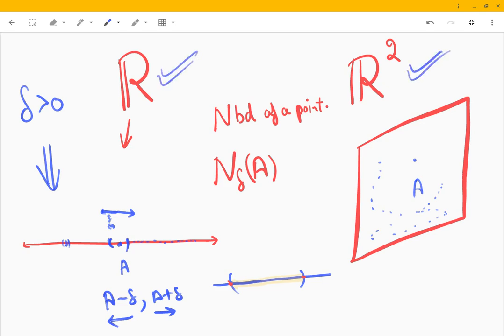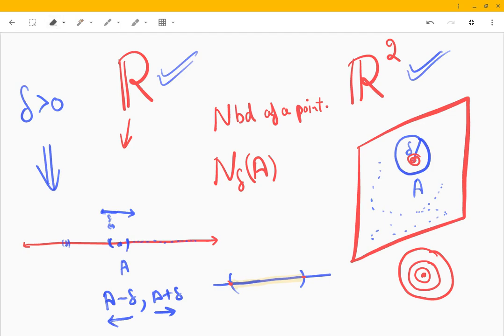And what about the two dimensional plane? Well, same thing. Delta neighborhood of A means we form a circle of radius delta with point A as the center. This is the delta neighborhood of A. And now, about delta being smaller than you can imagine, we just keep decreasing the size of delta. So if this is point A and we keep reducing the size of delta, it will keep closing in from all sides on A, right?